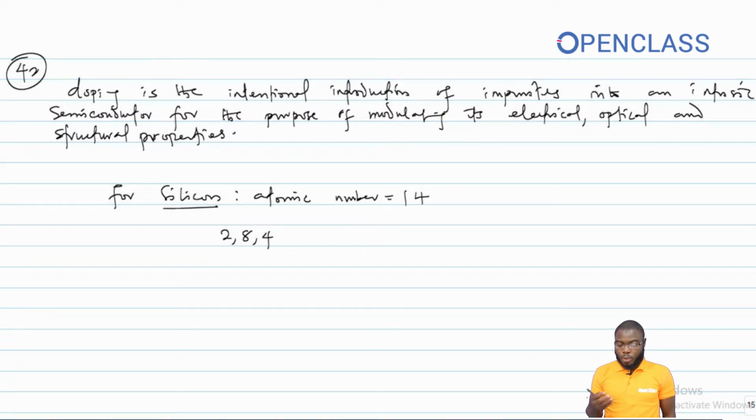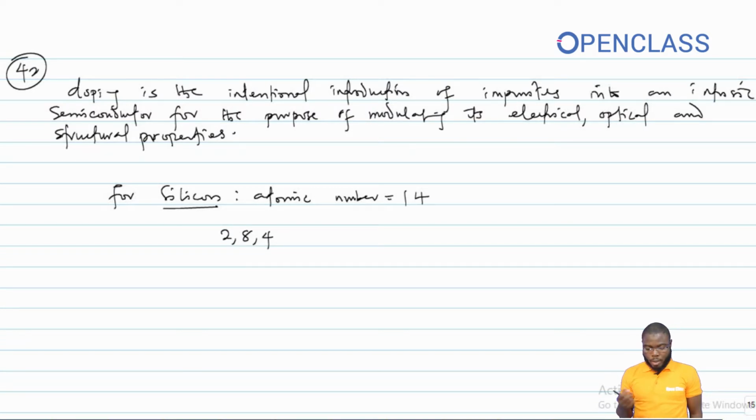You can have phosphorus, arsenic, boron, or aluminum, for instance. The most important elements usually used in doping silicon are boron and phosphorus, but you have other ones like indium. All of these have a valency of either 3 or 5.